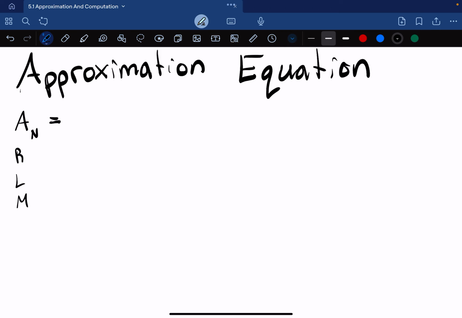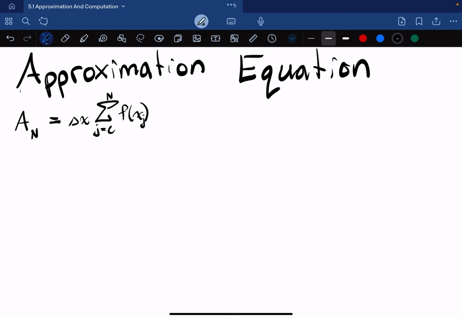A of n is equal to delta x, so your width, times all of your heights added together, which is denoted by this very interesting symbol called sigma. And this is what the formula will look like.